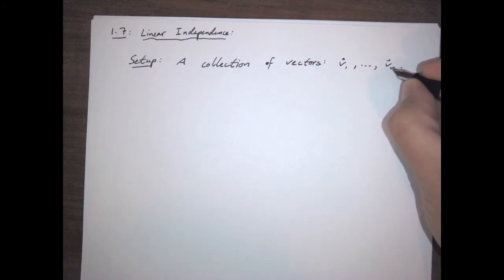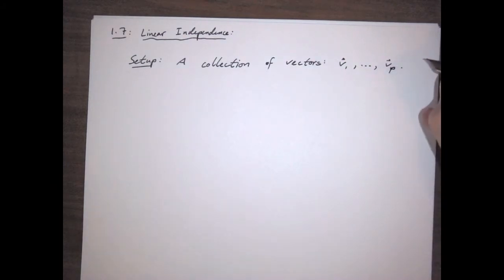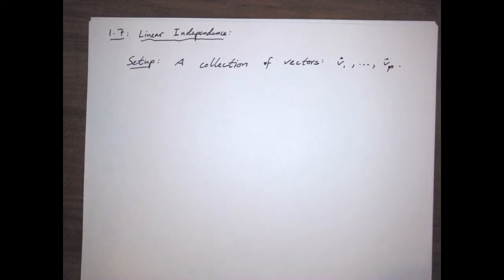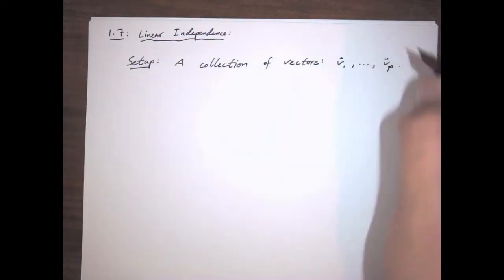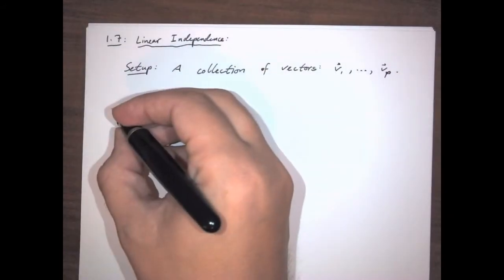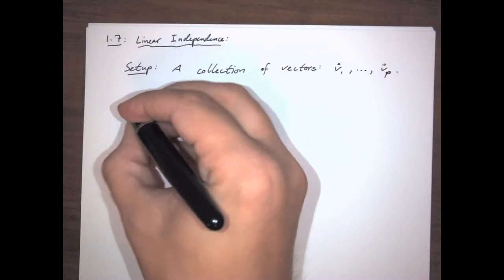Actually, let's make it v1 through vp, just so we're matching the notation that's used in the book. So a collection of p different vectors, v1 through vp. Now, this collection is linearly dependent if this is true.